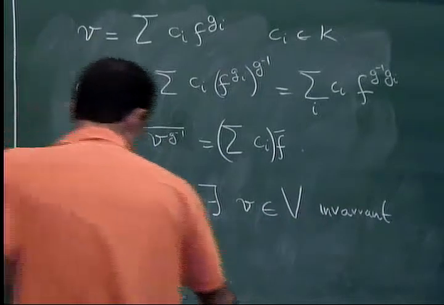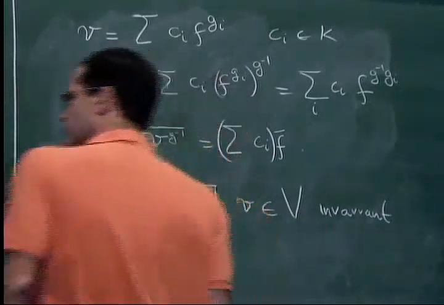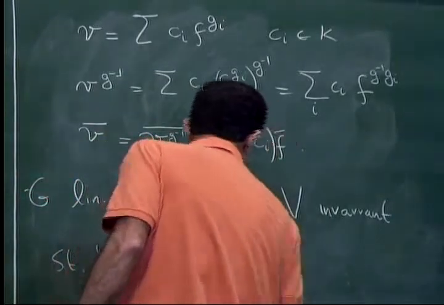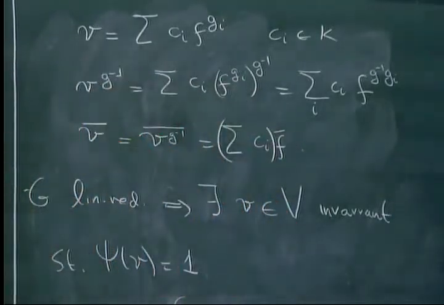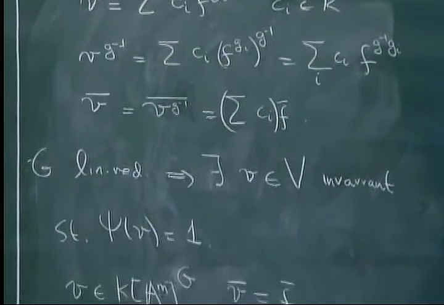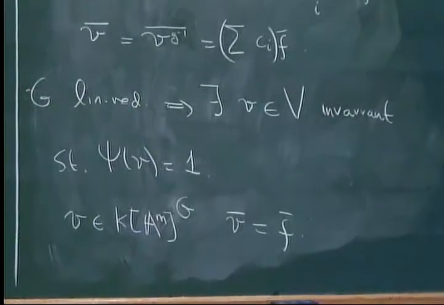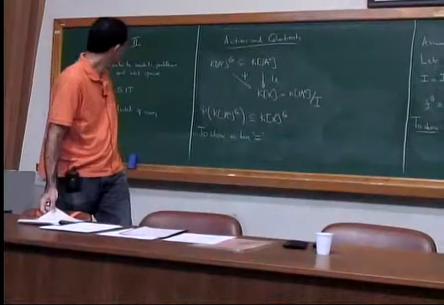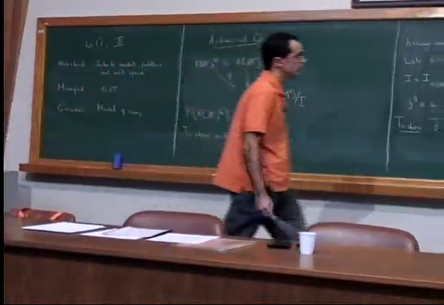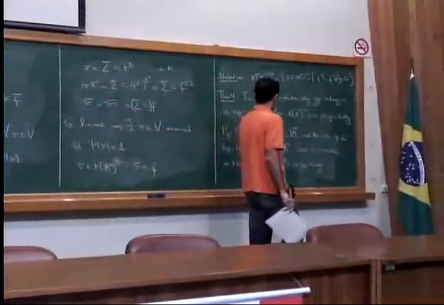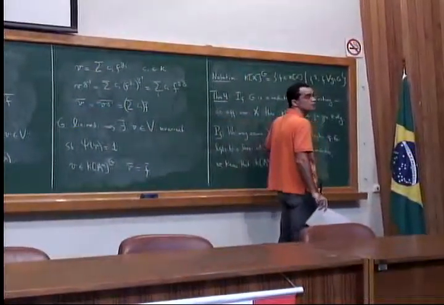And since psi is equal to 1, its class is the same as the class of F. And that finishes this. We found a function V, invariant, whose class mod I is the same thing as F. So that's the argument. And that finishes the proof of the theorem, so that you get a finitely generated K algebra.